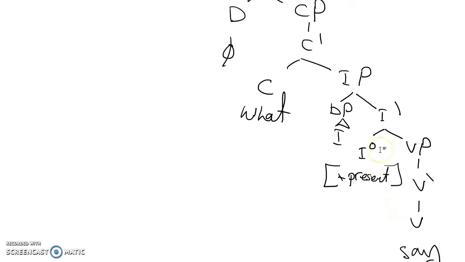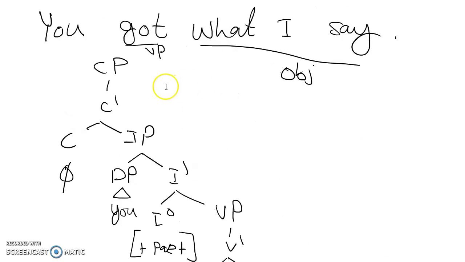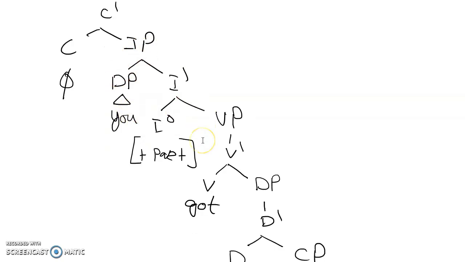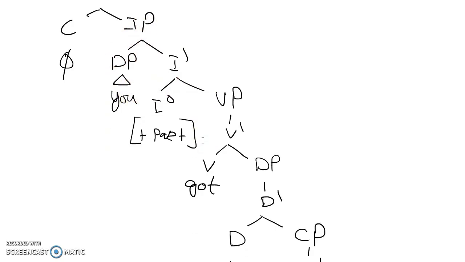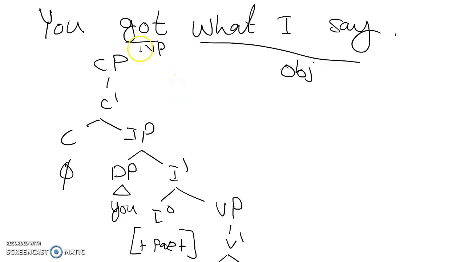Okay, let's check now the final shape of my tree. So at the beginning, I've started by saying I have a CP, as you see. The beginning of my sentence starts from here, from the subject, which is a part of my IP. It is a DP. Then I have got the verb or the predicate, let's say, which starts by got and object.